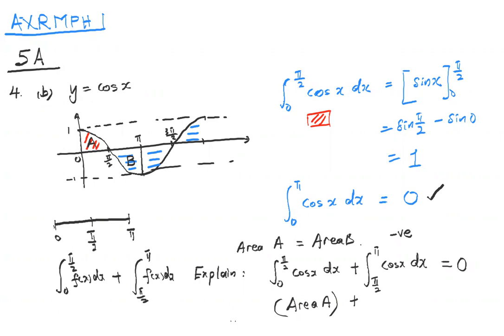Definitely cannot, because area is positive. Am I right? So because this is a negative value, can I say this is negative area B? Am I right? Equal to 0. So therefore, area A equal to area B. I explain.